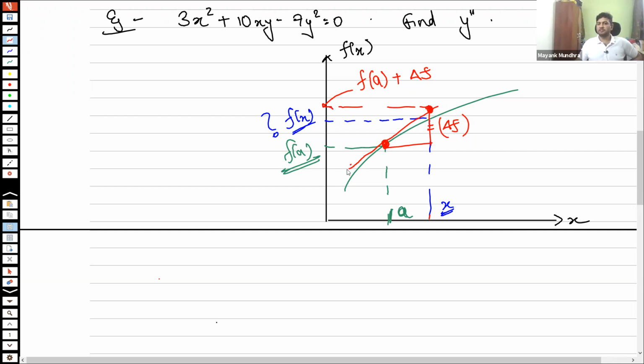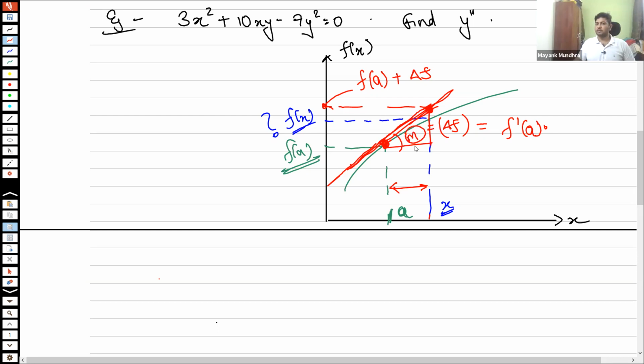This value is basically, if I were to construct a tangent line at this point a comma f of a to the curve, then it will pass at x through the point f of a plus delta f, where this delta f is going to be equal to f prime at a times this horizontal distance, because that is the definition of slope.